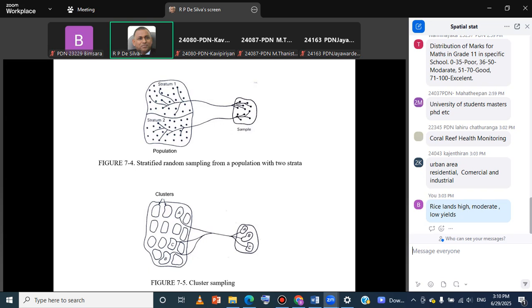So I hope you understand the difference between clusters and strata.